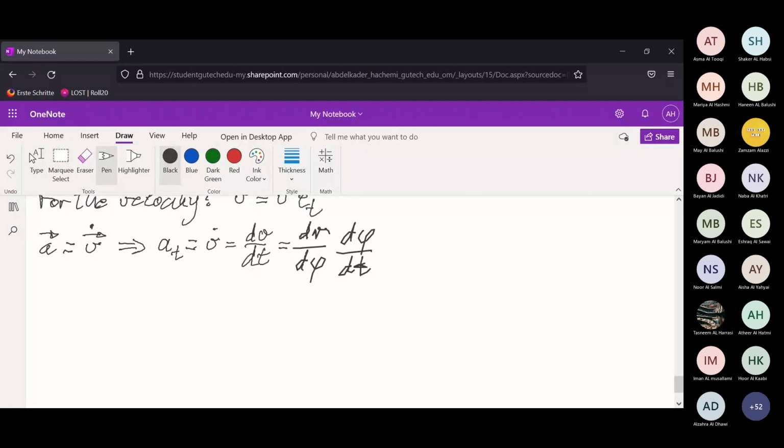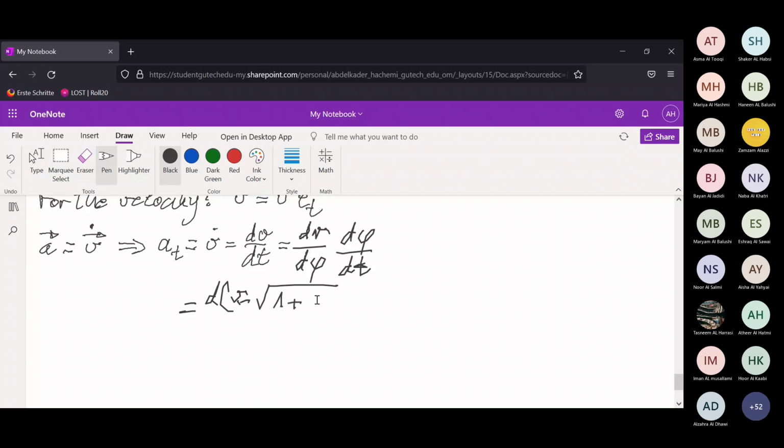Then we have dv over dt, and in the second question we had the expression of v, so we can write it as d of the expression of vr square root of 1 plus phi square.